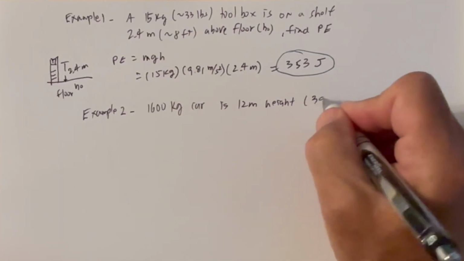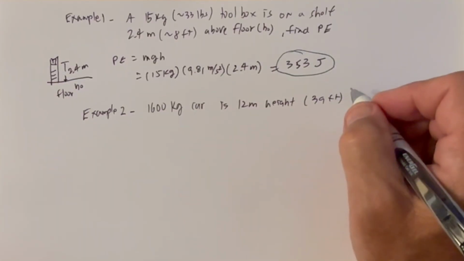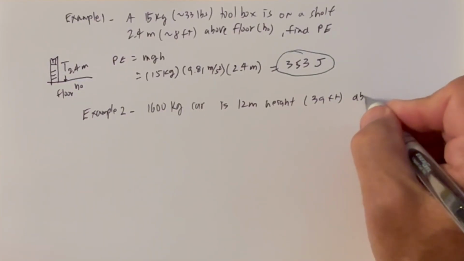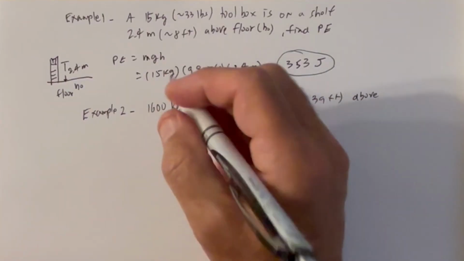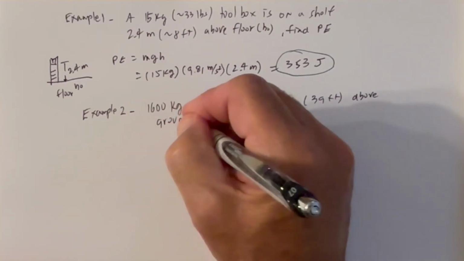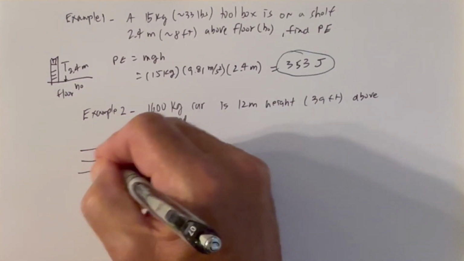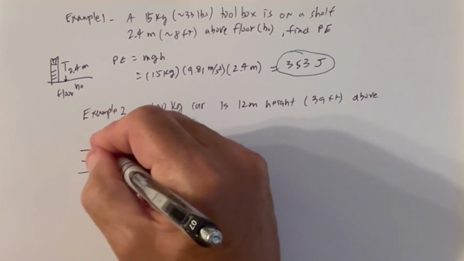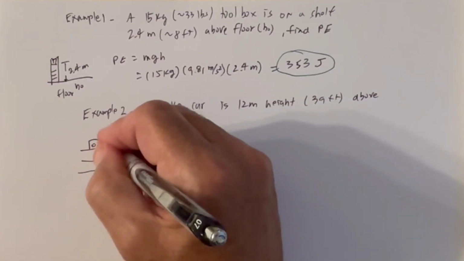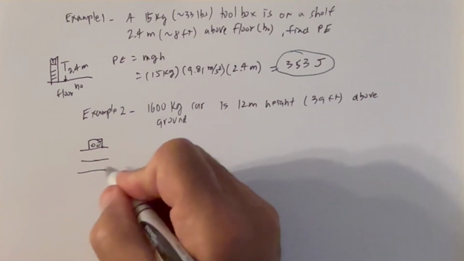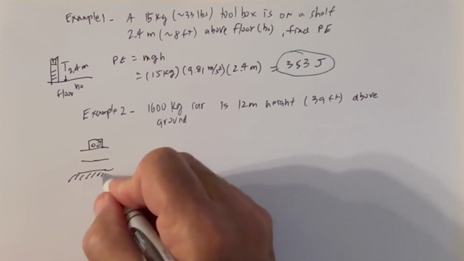This would be like 39 feet. Say it's parked in a parking garage above the ground. So we've got our car. Here's our parking garage. I'm not sure what level we're on, second or third level probably. Here's our car. Not a very good car. And then this is going to be the ground level.